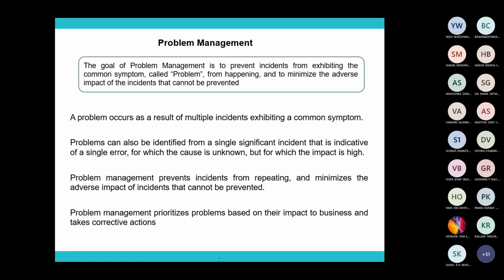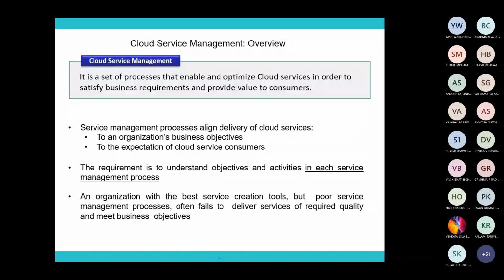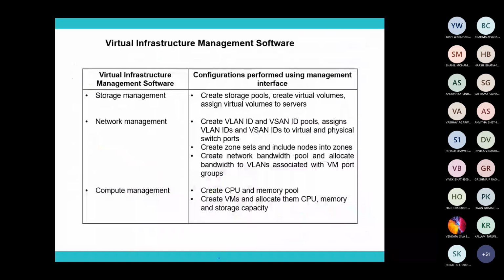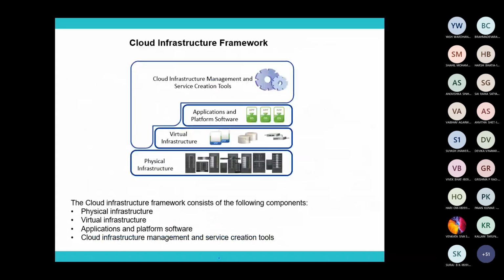Yeah, we will continue with the remaining processes of cloud service management. So before that, maybe we'll quickly go through the last lecture, where we started with the cloud infrastructure framework.